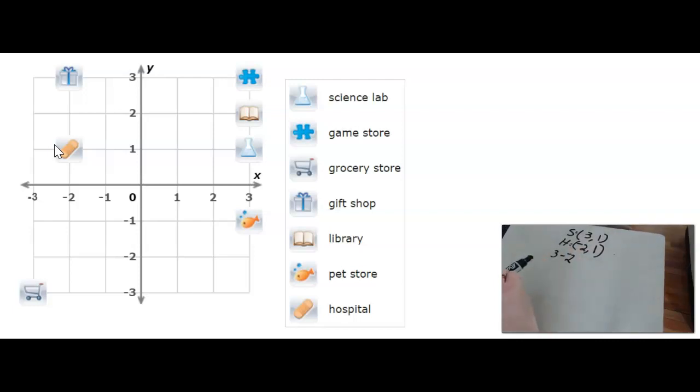Well, again, that looks a little bit confusing. So let's talk about the absolute values and how far they are away from, this time, the y-axis, right?